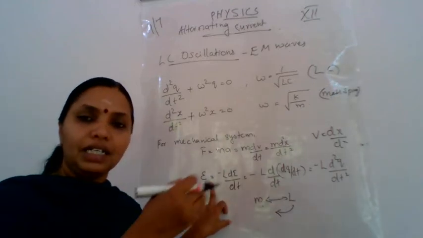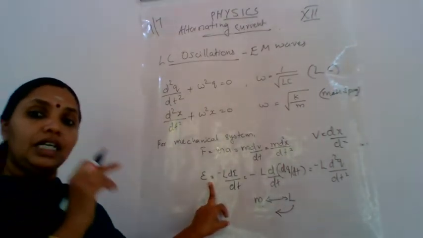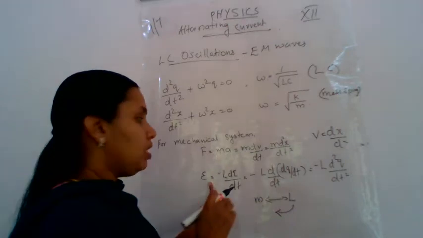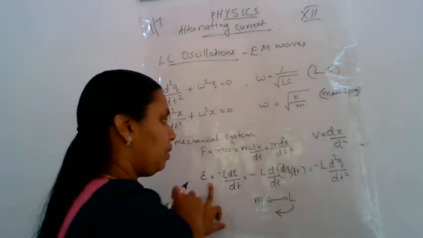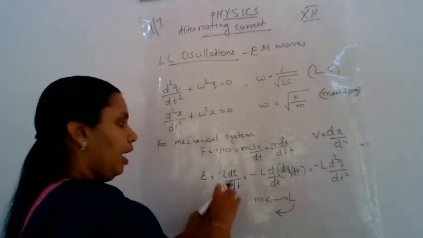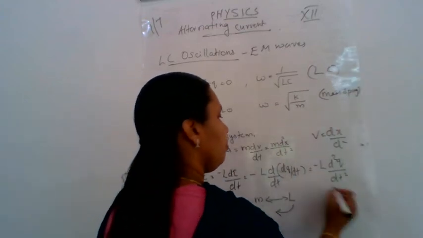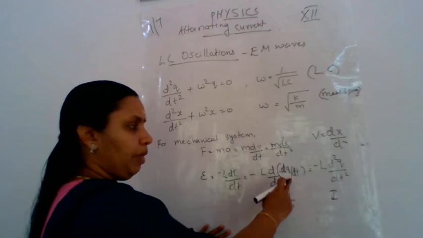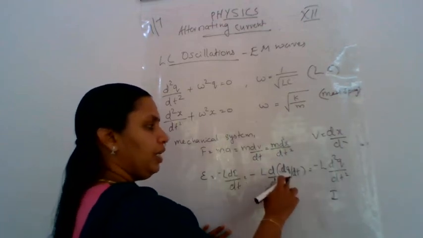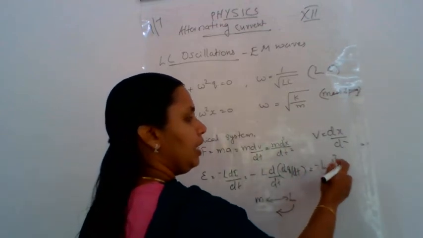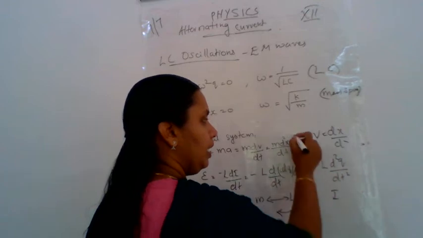That is acting as the inertial force or the restoring force in the case of an LC oscillator, comparing with the mass spring system. Okay, and here we know I is equal to dq by dt. Substituting dq by dt instead of I, what is it? Minus L d square q by dt square.